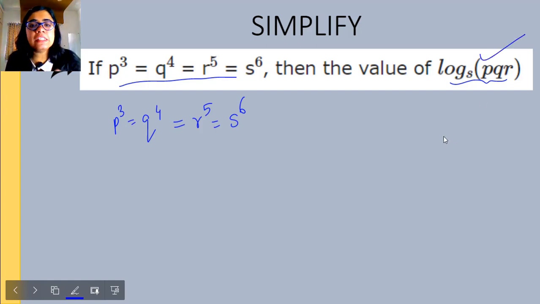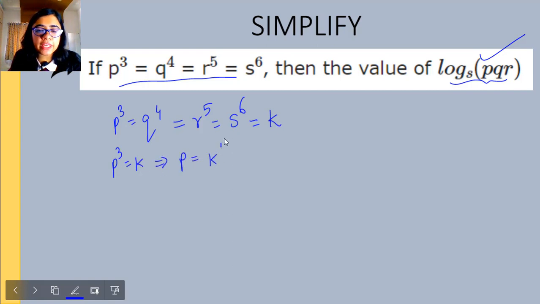The easiest method to solve this log question is to equate all these terms to a constant, let's say k. Equate everything to k. What will happen? p cube is equal to k. So can I say p is equal to k raised to 1 by 3? Similarly, q raised to 4 is equal to k.